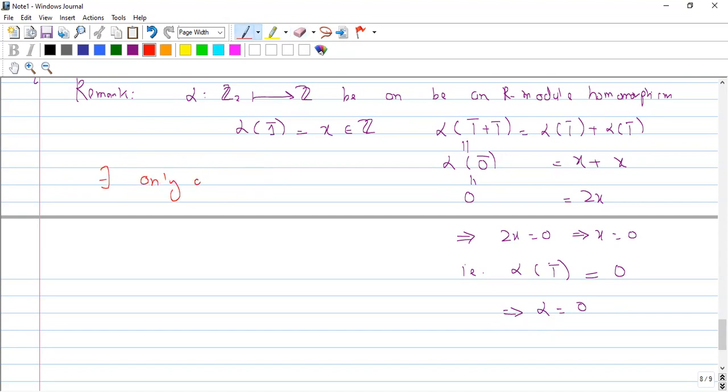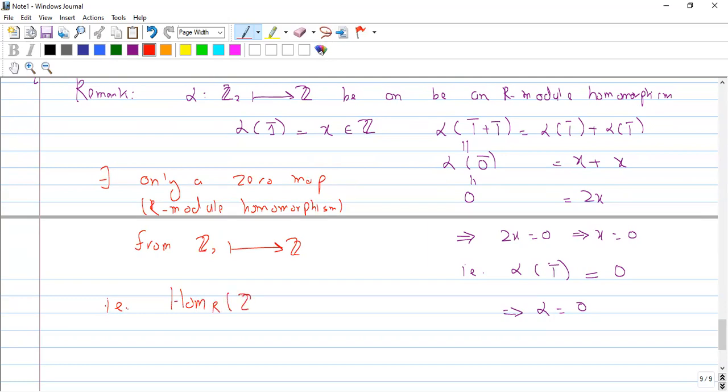So there exists only a 0 module homomorphism, a 0 map, और इसको आप ब्रैकेट में लिख दें R module homomorphism from Z2 to Z. So that is Hom of Z2 to Z. It is equal to a set that only contains a single element, which is the 0 map. Okay.